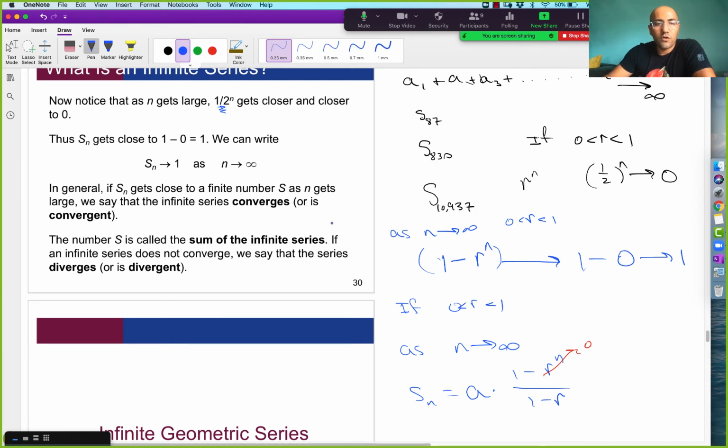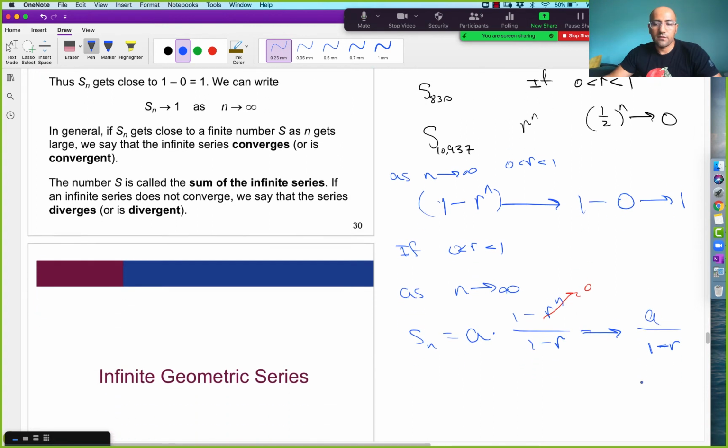So we just end up with this thing approaching a over 1 minus r. Good. So we have a formula for the infinite sum of a geometric sequence.